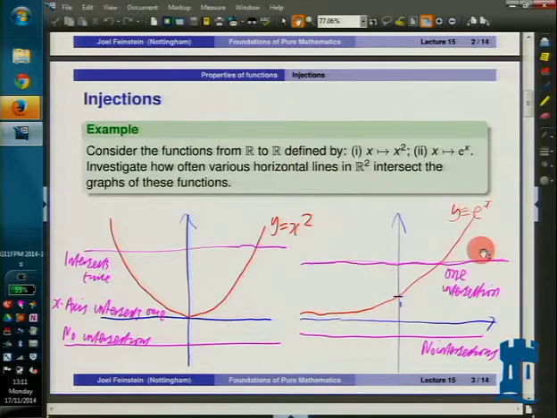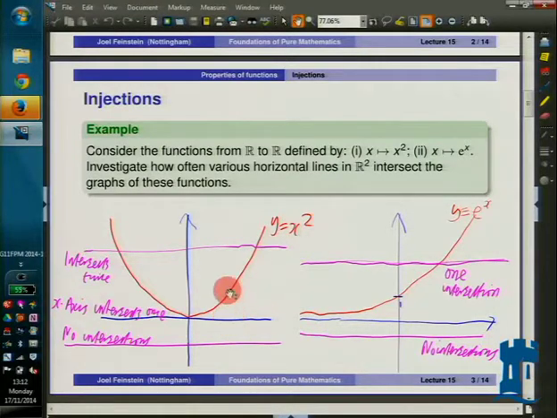So the e to the x curve, you don't get any repeated y coordinates. Now, neither of them get repeated x coordinates, right? Vertical lines still meet either of these curves once, because that's true for all functions. So there's nothing special about the vertical lines, or about the fact that you only get one y value for each x.